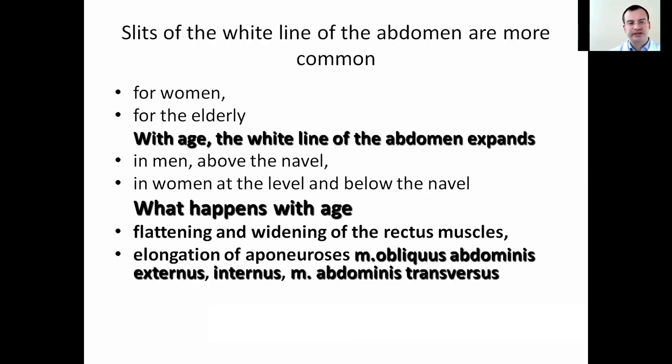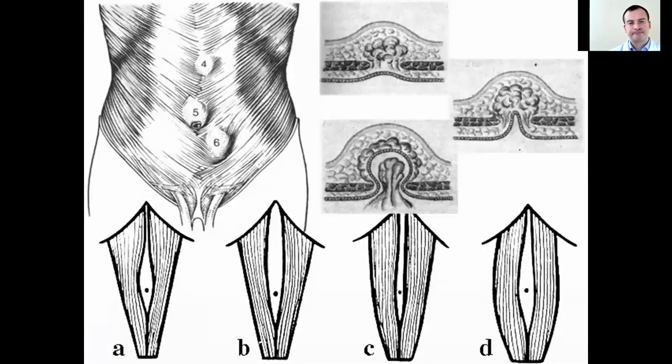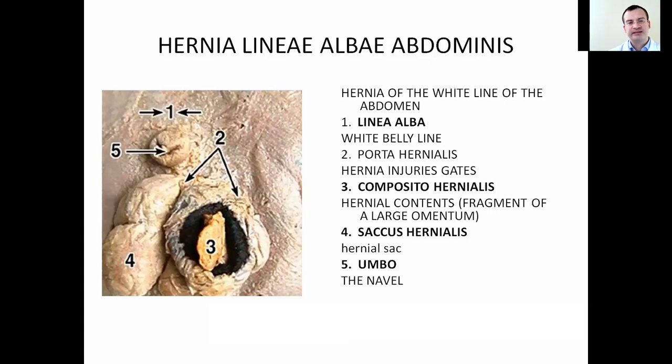What happens with age: flattening and widening of the rectus muscle, elongation of the aponeurosis of the obliquus abdominis externus, internus, and transversus abdominis muscles. Hernia of the linea alba abdominis, the white line of the abdomen: porta hernialis, the hernial gate, and the contents of the hernia. The hernia contains a fragment of the greater omentum.